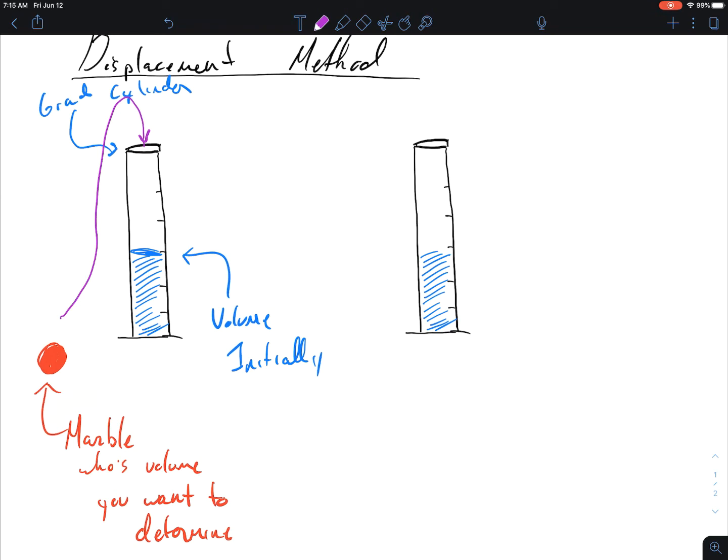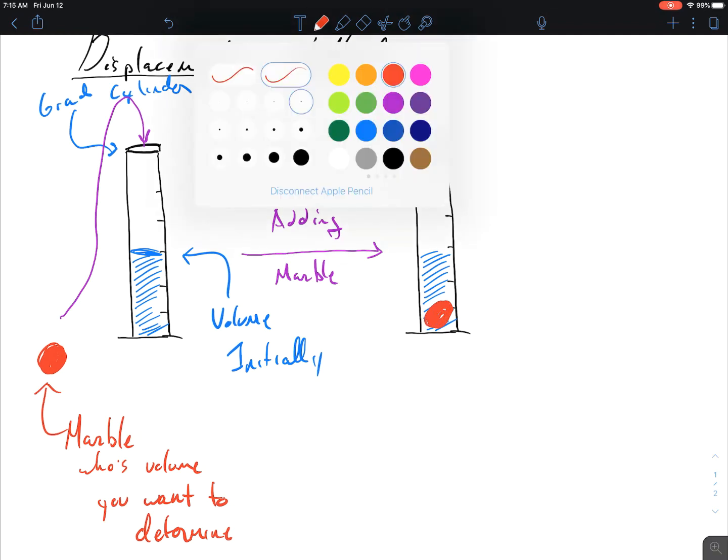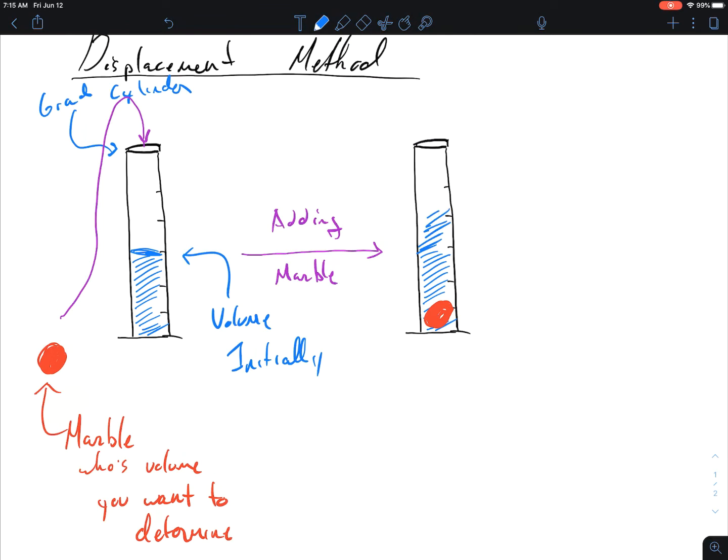When it touches the bottom of the flask, that water is going to rise. So this is like after adding the marble. That water is going to rise. Let's draw in our marble down here. And let's say the water rises up to this point, right? This is your final volume.